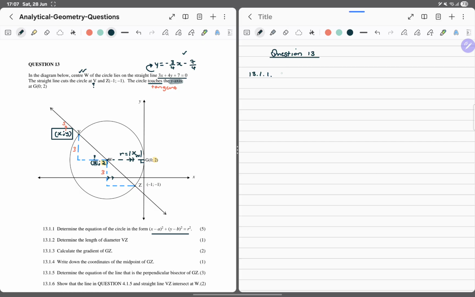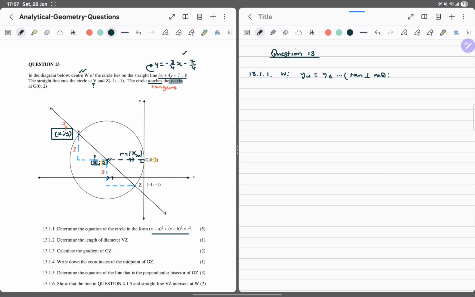We should know that W is such that y at W is going to be equal to y at G. Why do we know this? We know that basically the tangent is always perpendicular to the radius.